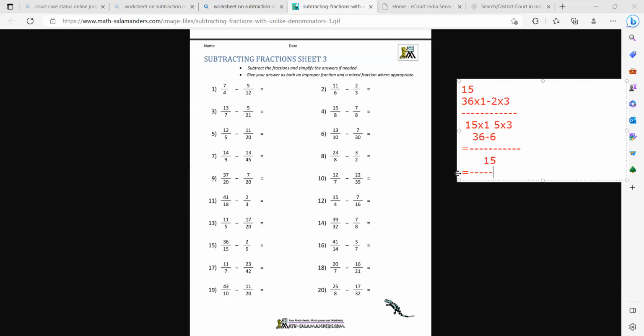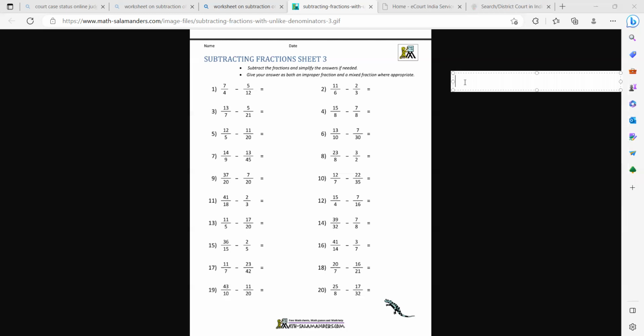It will be 30 by 15. So divide 30 and 15. Both 30 and 15 can be divided by the same number. If we divide by 15, the answer will be 2. Then number 15 is done. So 2 is the correct answer for number 15. Now we go to number 16.